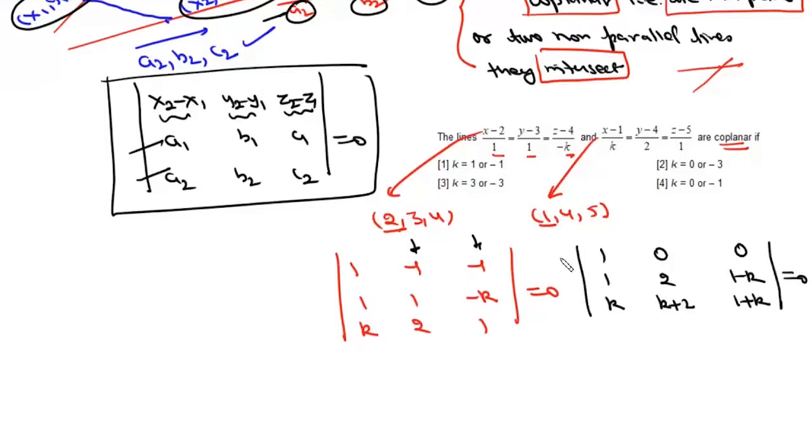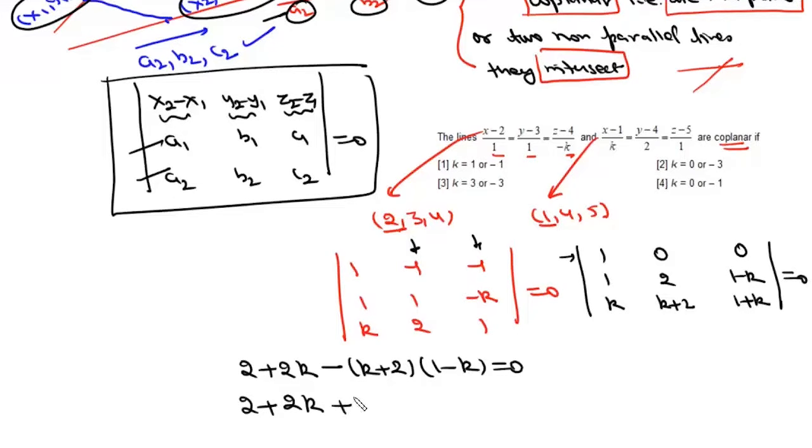Now if we expand it about this first row, we can write this as 2 plus 2k minus (k plus 2) into (1 minus k), and it should be 0. So this is 2 plus 2k, and here will be this plus k square plus k minus 2 equals 0. Now this 2 and 2 will cancel. So we'll get k square plus 3k equals 0.